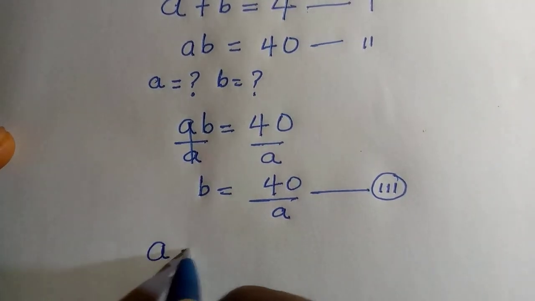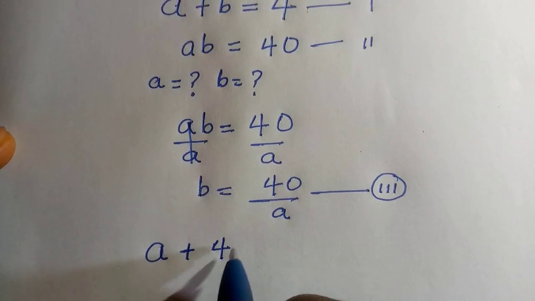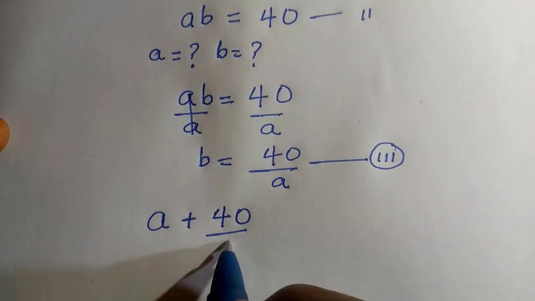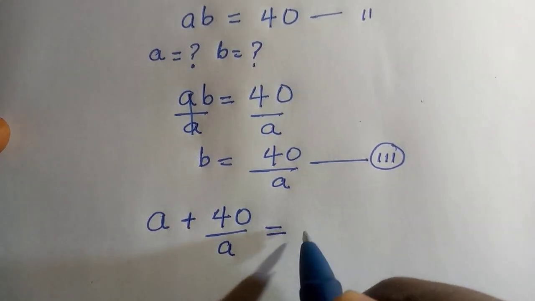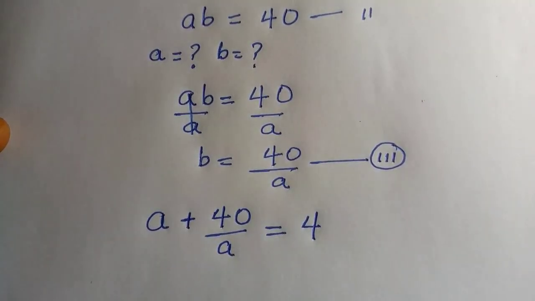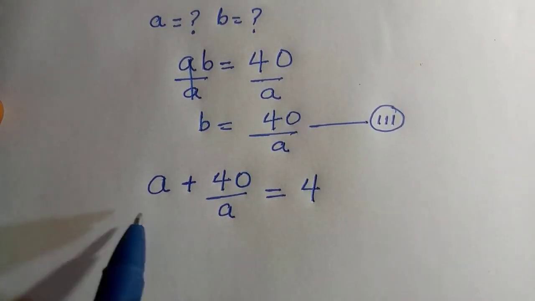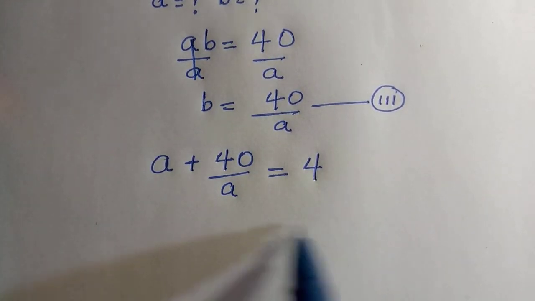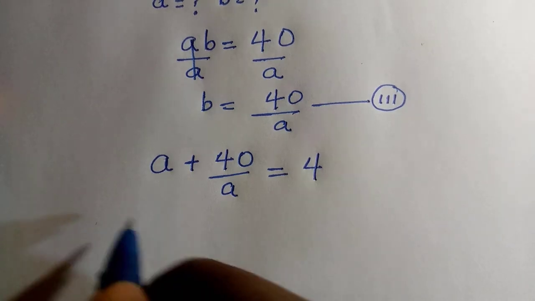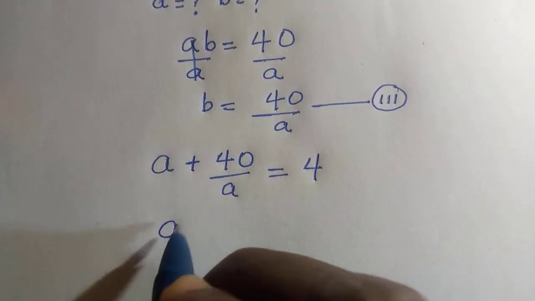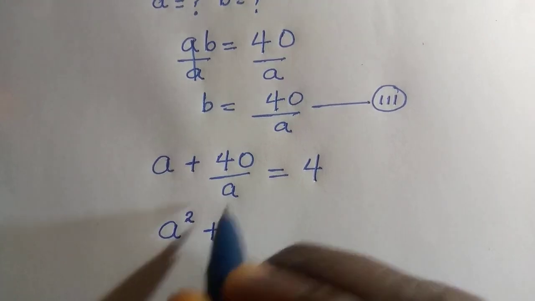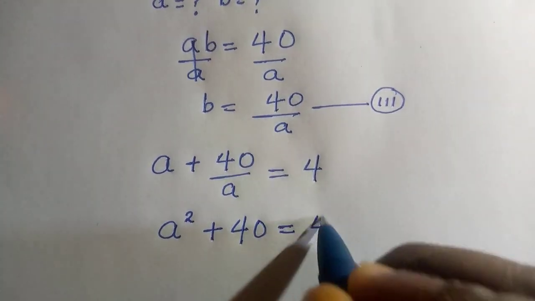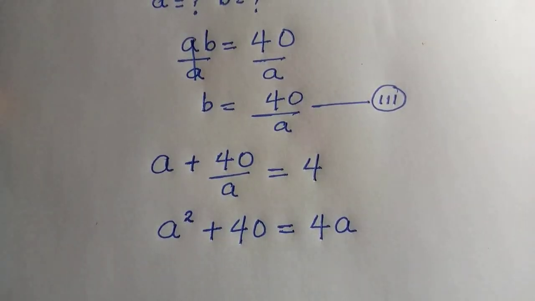and then we have a plus 40 divided by a equals 4. By cross multiplying, we multiply everything by a. So a squared plus 40 equals 4a.